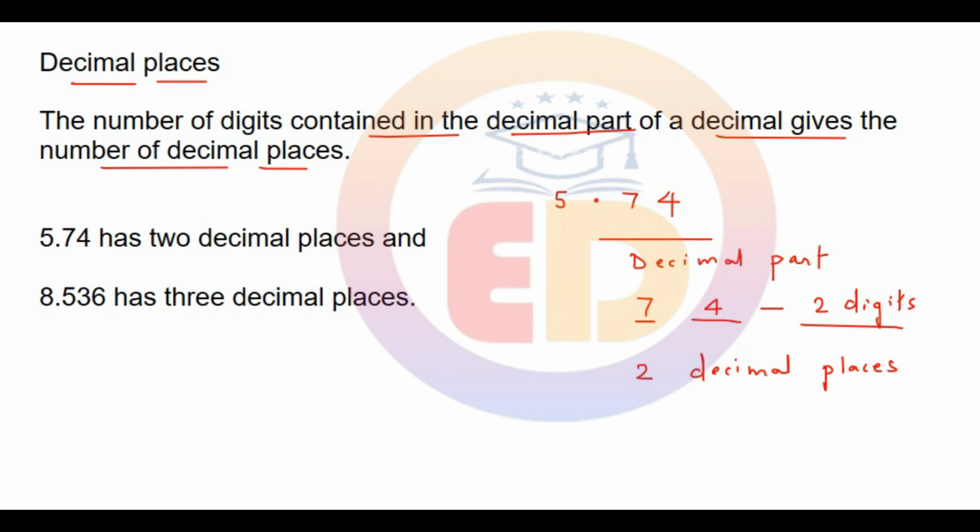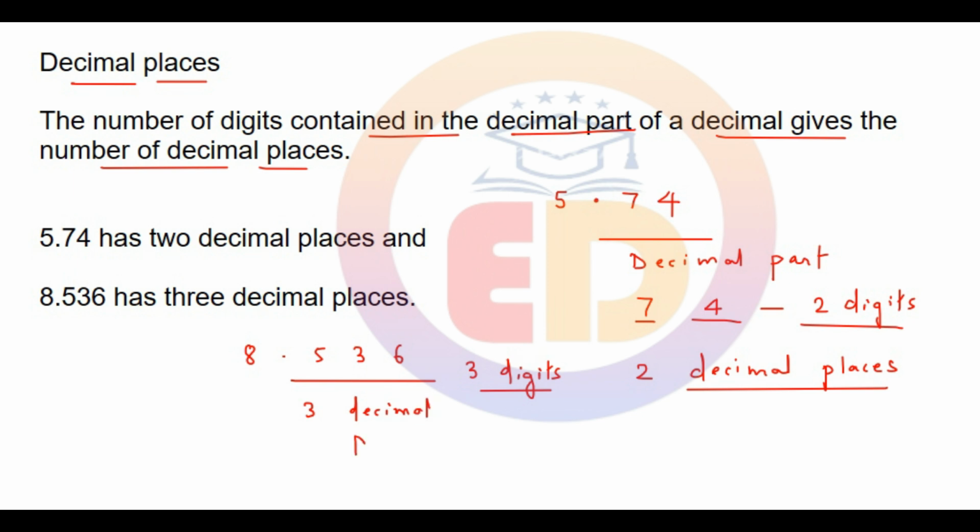So decimal places are the number of digits in the decimal part. Take 8.536. Here in the decimal part there are three digits, so I can say that it has three decimal places.